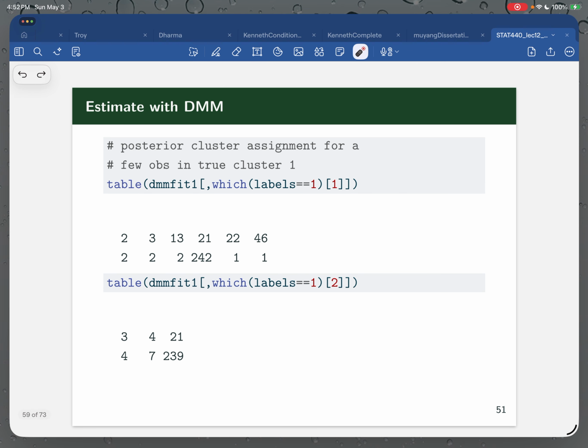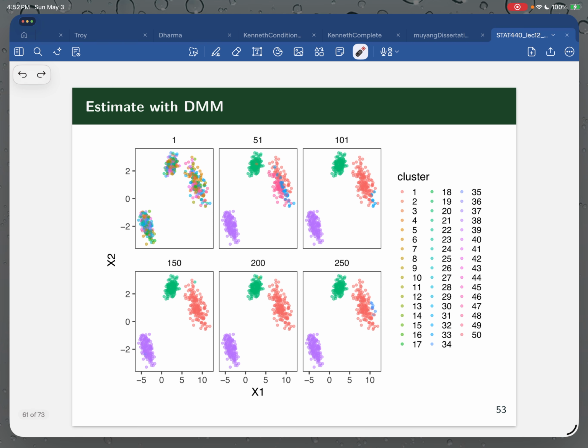I think the best picture for understanding how this works is this picture here. This is step 1 and then step 51. We're seeing how the clusters evolve over time.